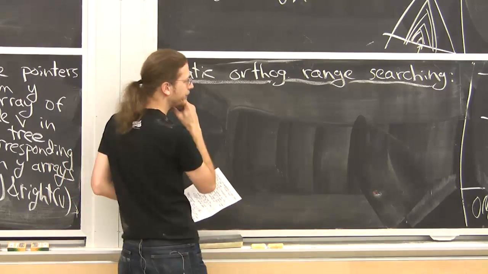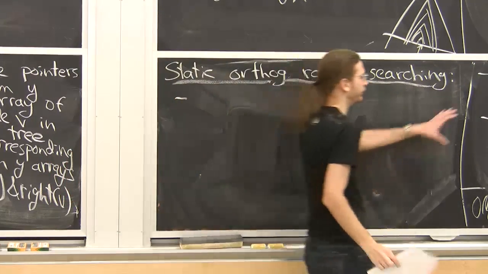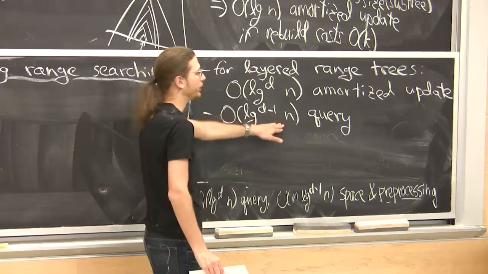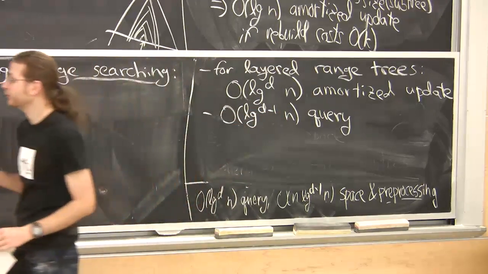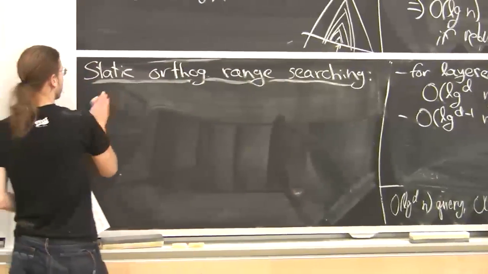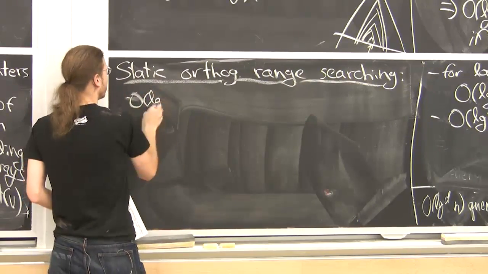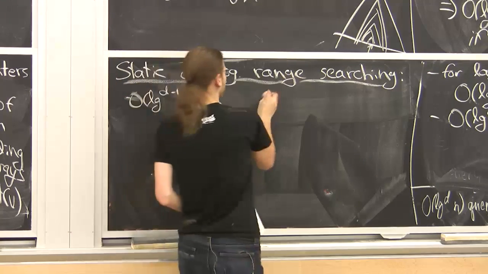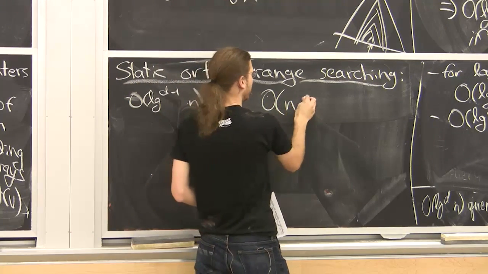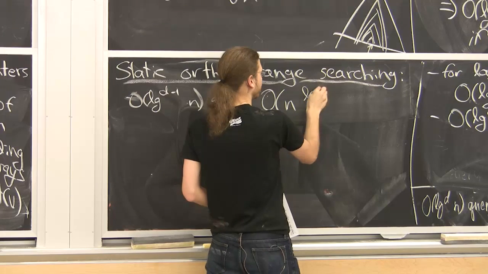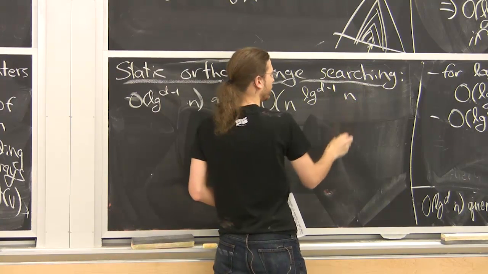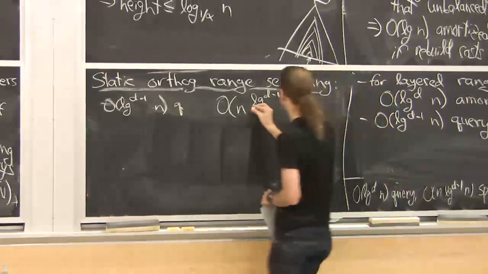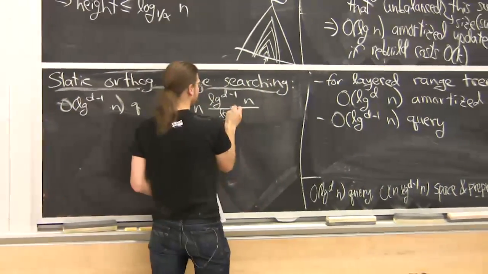You can achieve these same bounds. Oh, sorry, no update. You can achieve the log to the d minus 1 n query using less space. So I can get log to the d minus 1 n query and n log to the d minus 1 n space, that's what we were getting before, divided by log n.